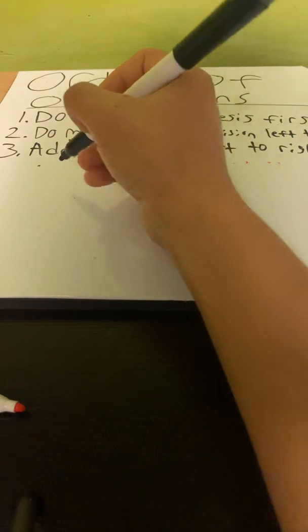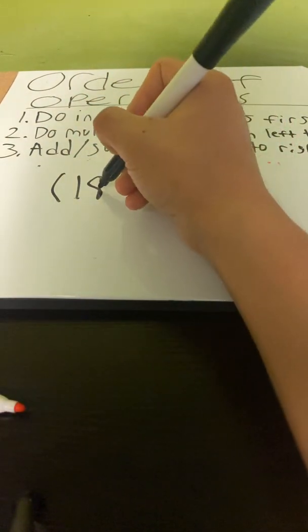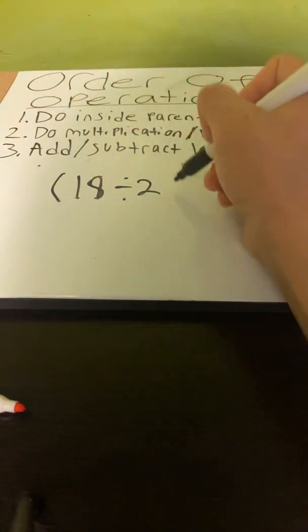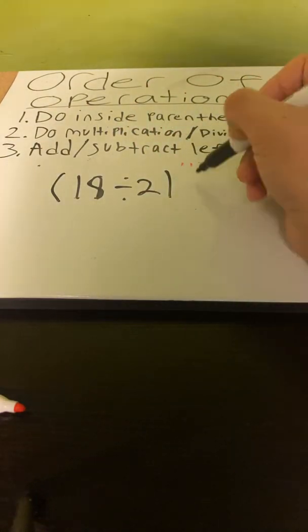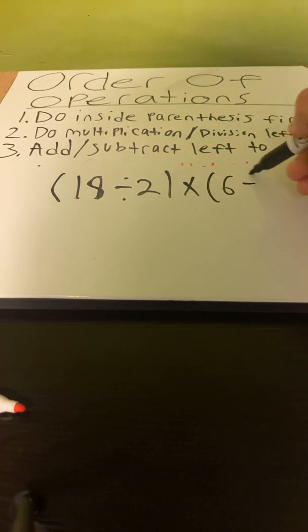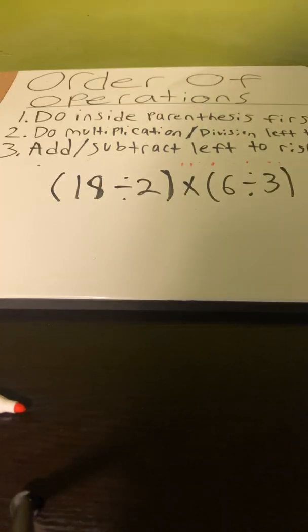Third problem I have is, so for this problem, I have 18 divided by 2 in parentheses, times 6 divided by 3 in parentheses.